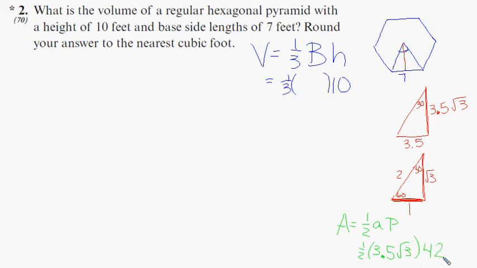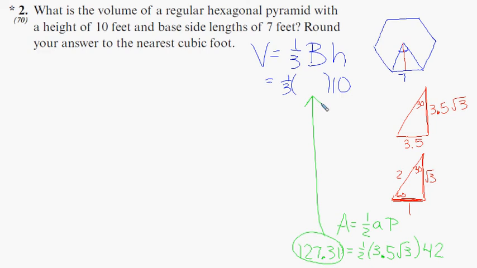So plug all of that into your equation up here, and this should give you 127.31. Now I left this in my calculator when I solved it, so I didn't have to worry about any rounding. But this is what goes right here because that represents the area of that hexagon.